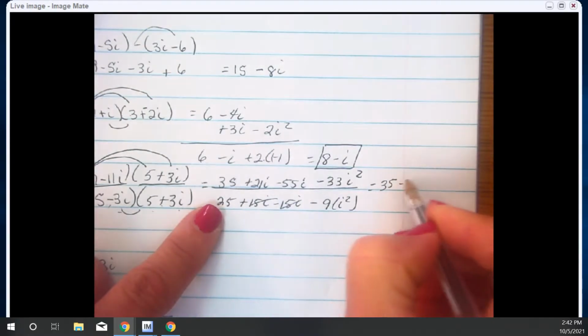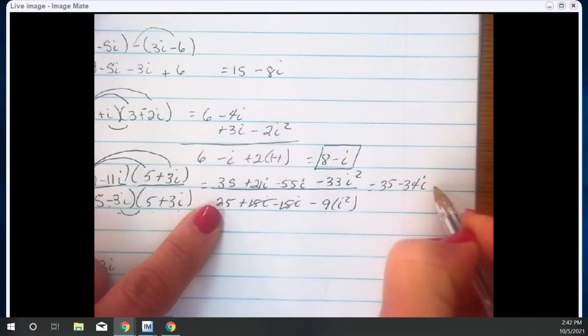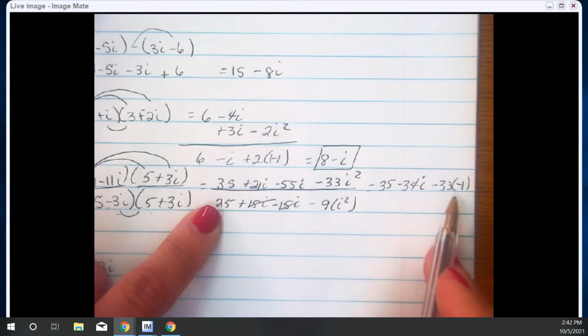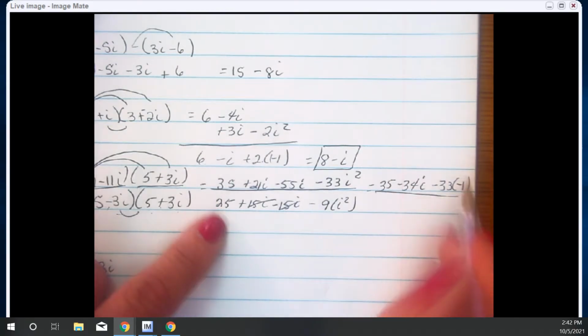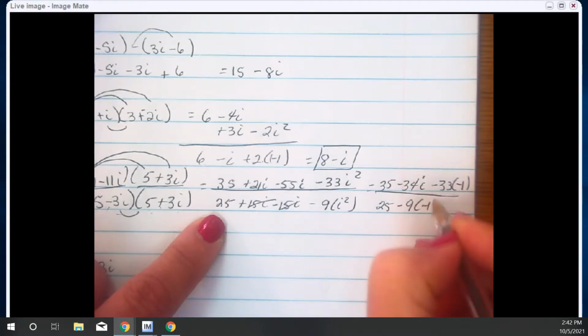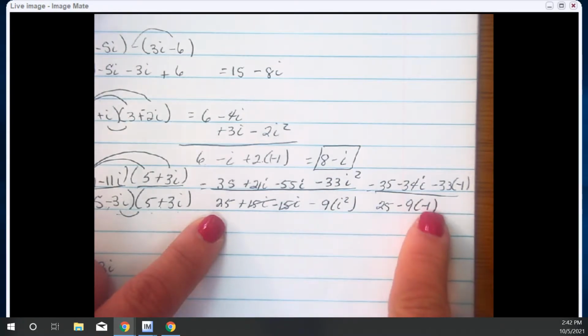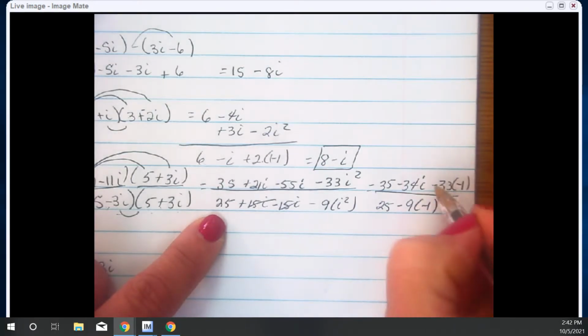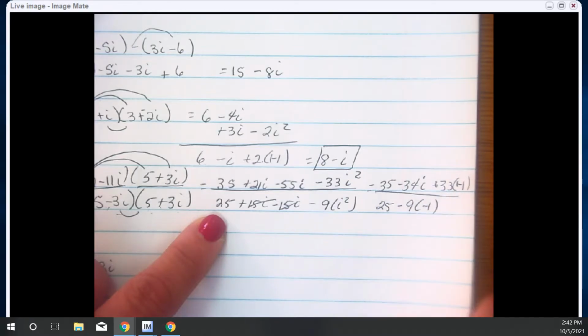35 minus 34i minus 33, and I'm going to replace the i squared with a negative 1. In the denominator, I have 25 minus 9, and I'm going to replace the i squared with a negative 1. A negative times a negative is a positive. 33 times 1 is 33.